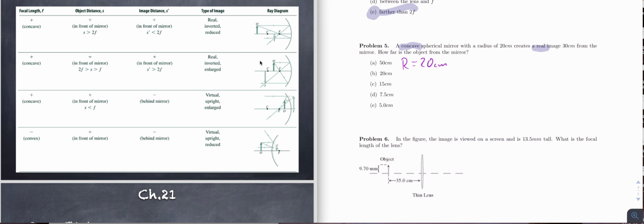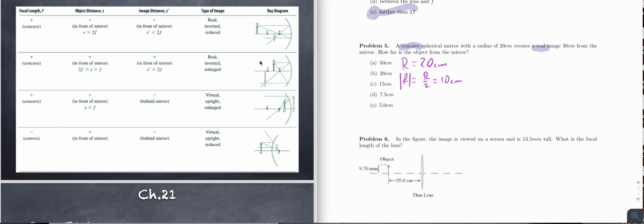And so if R is 20 centimeters, that means F is going to be the magnitude of R over 2, which is 10 centimeters. Or what I should say, actually, if we look at the notes or the slides, the magnitude of the focal point is R over 2, which is 10 centimeters.